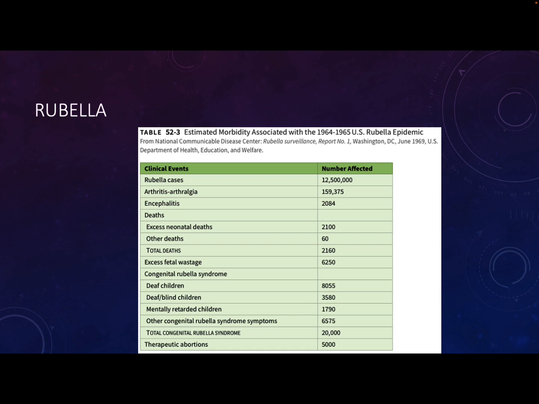Excess fetal wastage, which is a really horrible way to say it, but the other term would be a spontaneous abortion. So it's really early in pregnancy. The person probably knows that they're pregnant, but the fetus was not of an age where they would have survived outside the womb. So that's the distinction between a miscarriage and a stillbirth.